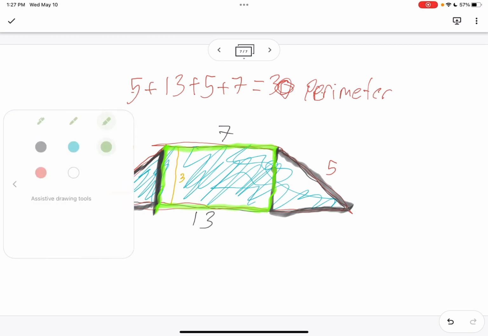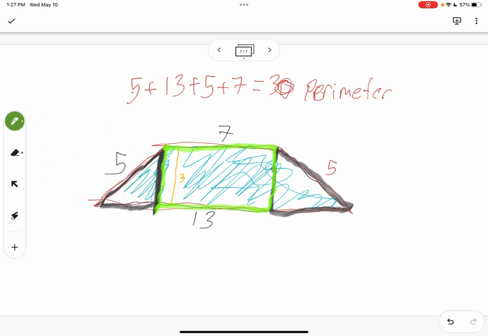This is just 7. So we're going to take the base of 7 times height. So base is 7 times by height, which is 3. Again, we get that here. It's not this, it's this, because this tells us the top to the bottom, okay? That's 3. And that, 7 times 3 is 21.